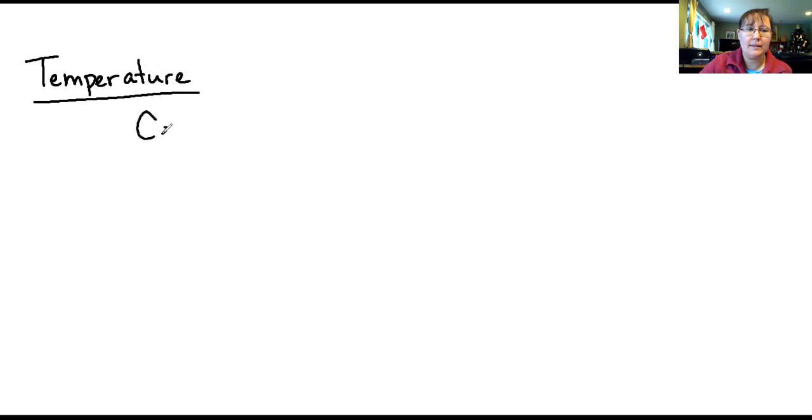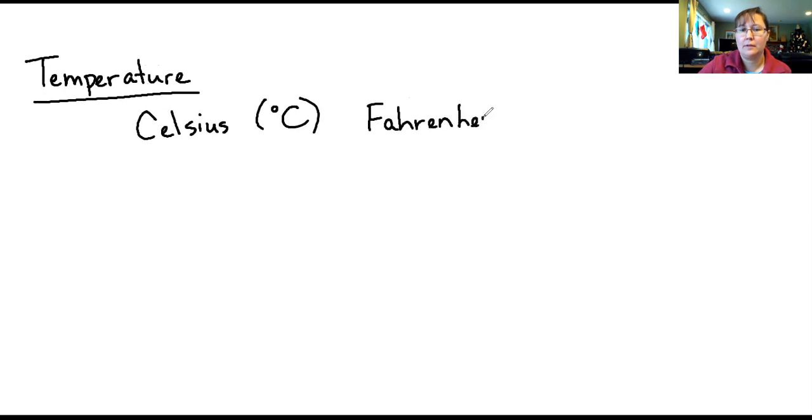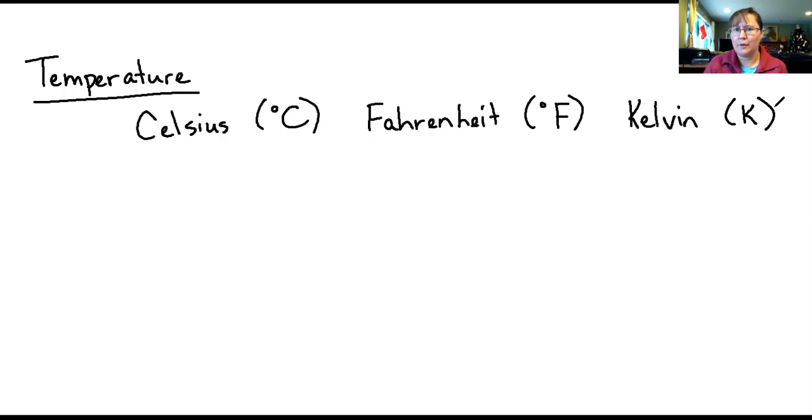One is Celsius, referred to in degrees Celsius. One is Fahrenheit, referred to in degrees Fahrenheit. And the last one is Kelvin. And those are just referred to as kelvins, no degree symbol.